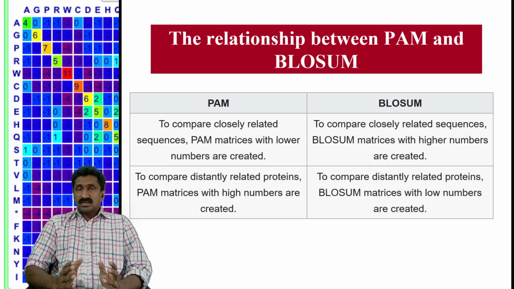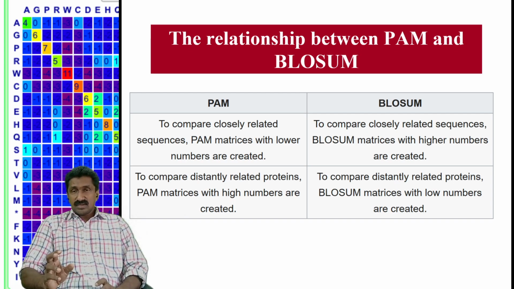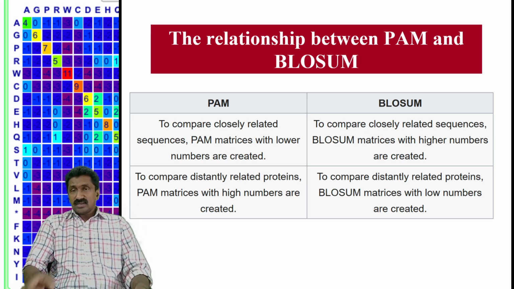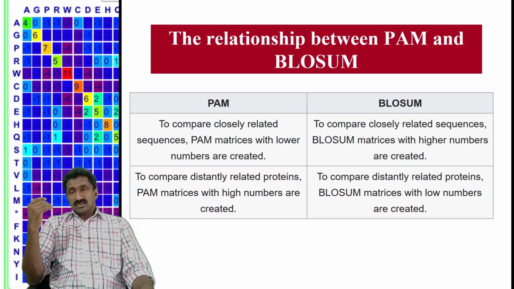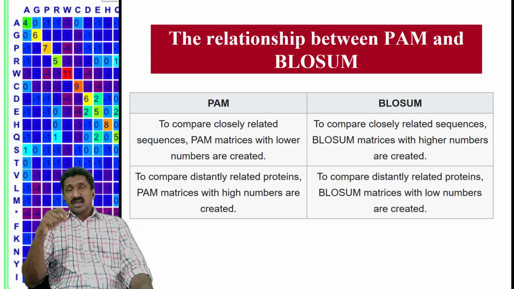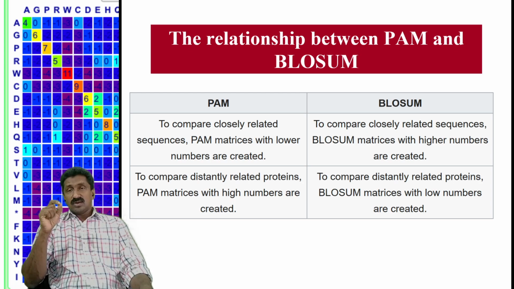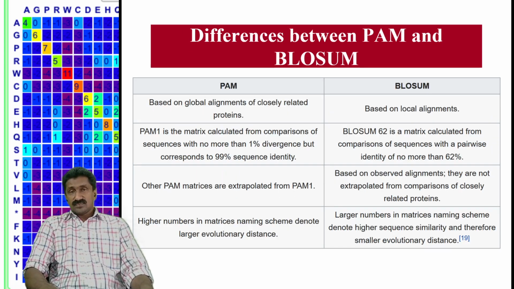For BLOSUM, higher-numbered matrices were usually created for closely related species, and to compare distantly related proteins, PAM matrices with high numbers are used, whereas low-numbered BLOSUM matrices are used for distant relatives.